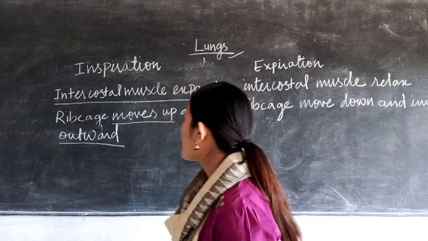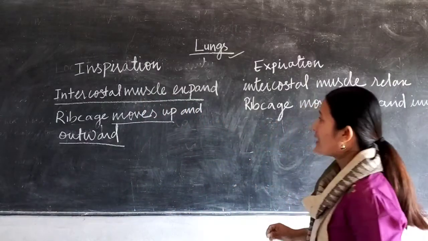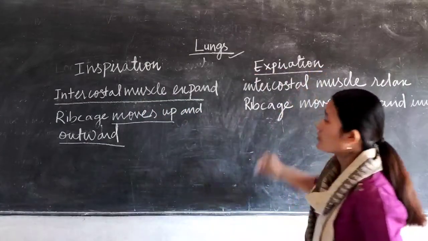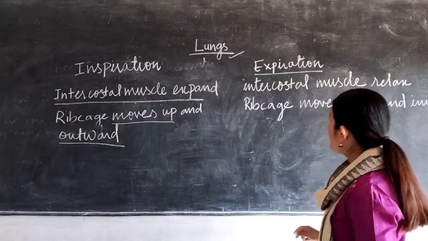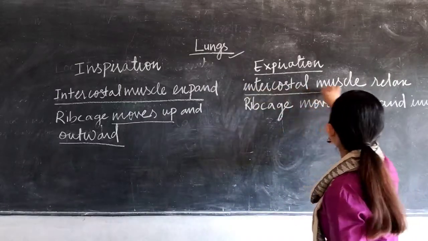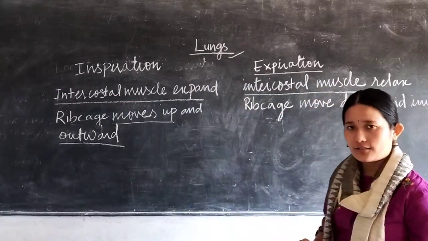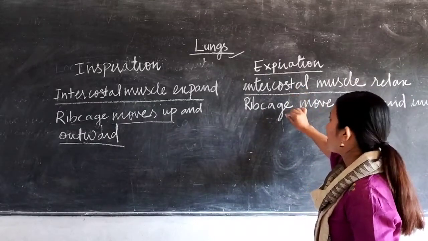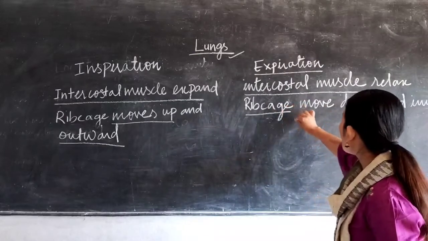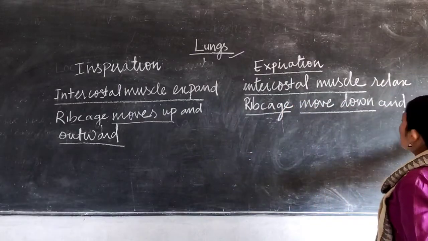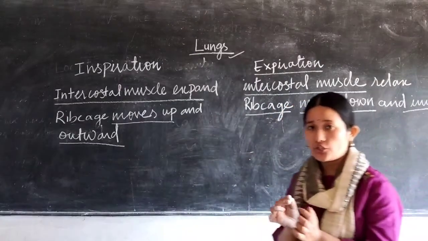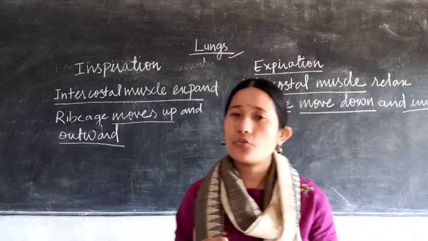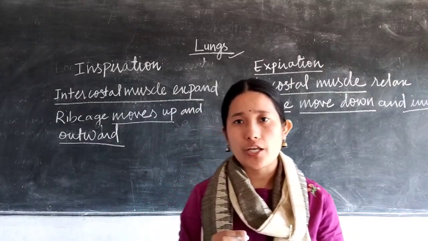After the exchange has taken place, the next stage is expiration or exhalation. During this time, what happens to the intercostal muscles? They relax. And whenever the intercostal muscles relax, it has a direct effect on the rib cage. It moves down and inward, thus reducing the chest cavity and forcing the carbon dioxide rich air to move out of the body.